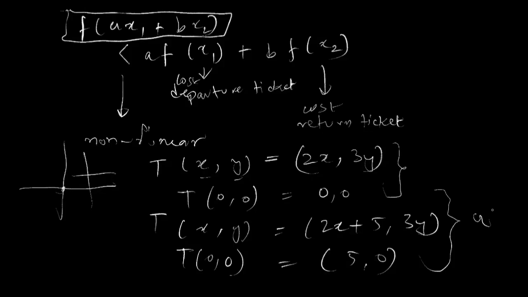This is called the affine linear algebra, whereas this can be just one matrix multiplication. This requires a matrix multiplication and shift.